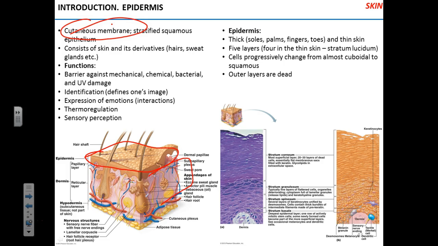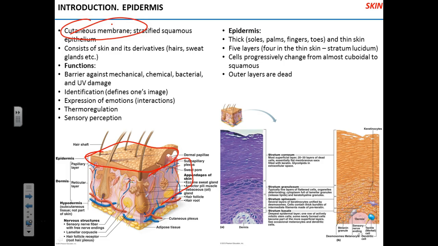It allows us to identify each other: color, features of the skin, freckles, okay? It helps in expressing our emotions, which is important homeostatically. And you always have to think, when we talk about any system, what contribution to homeostasis does this system have?